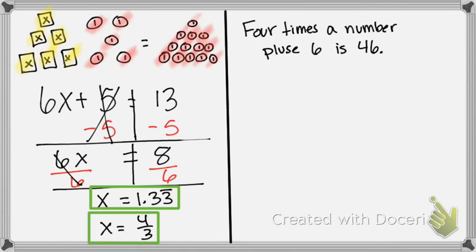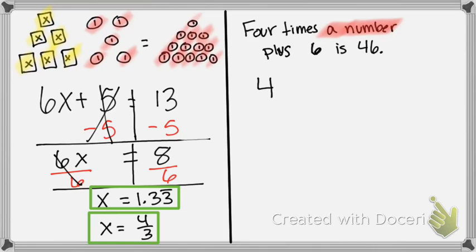Now the last one, we have 4 times a number plus, that should be plus, 6 is 46. So it's saying 4 times a number.